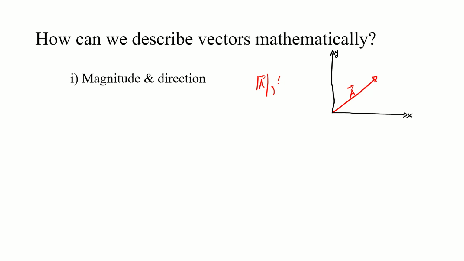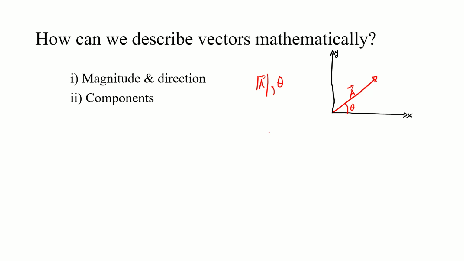And I give you some angle relative to an agreed upon direction. So once I define this coordinate system, I can tell you this vector, let's say it's a distance vector, is 5 meters and it's at an angle theta above my x-axis. Now I've given you theta, which tells you the direction it's going in, and I've given you the magnitude of that vector.